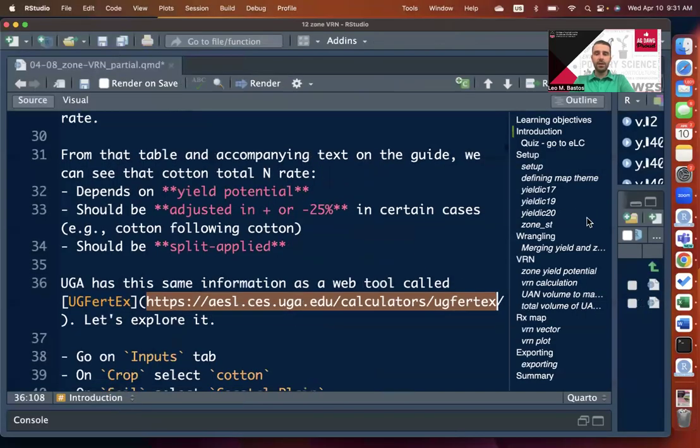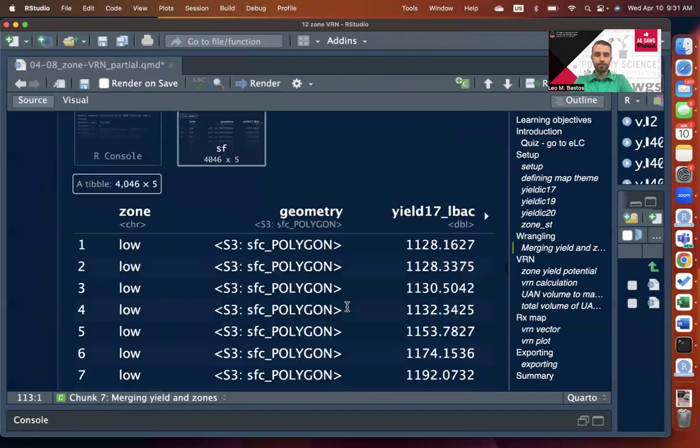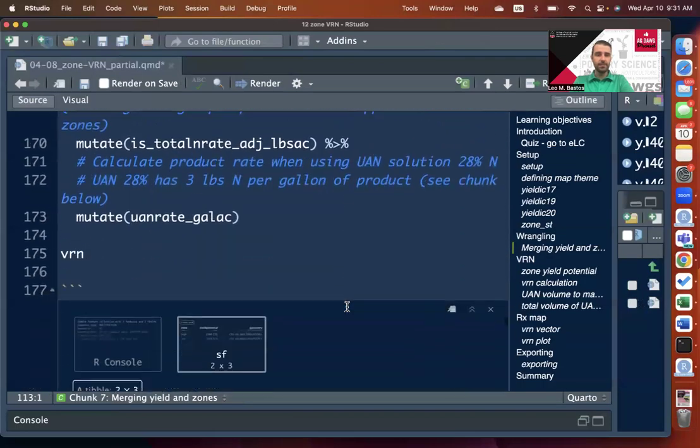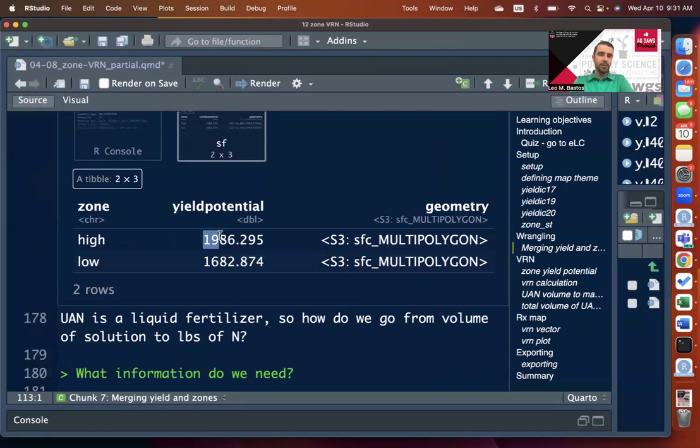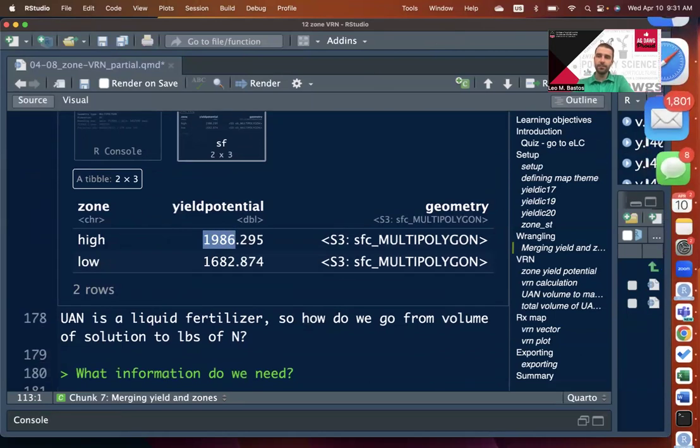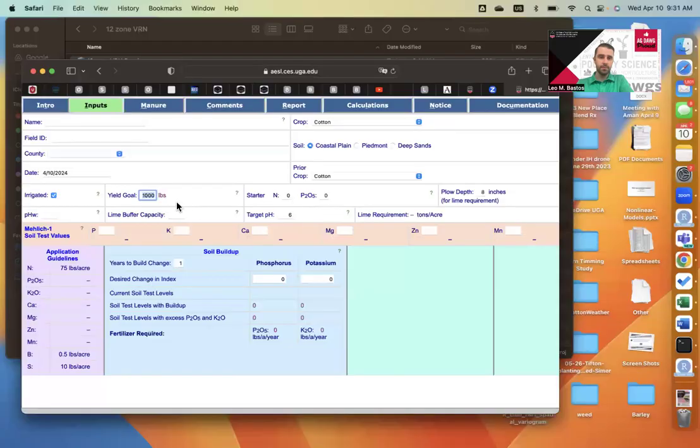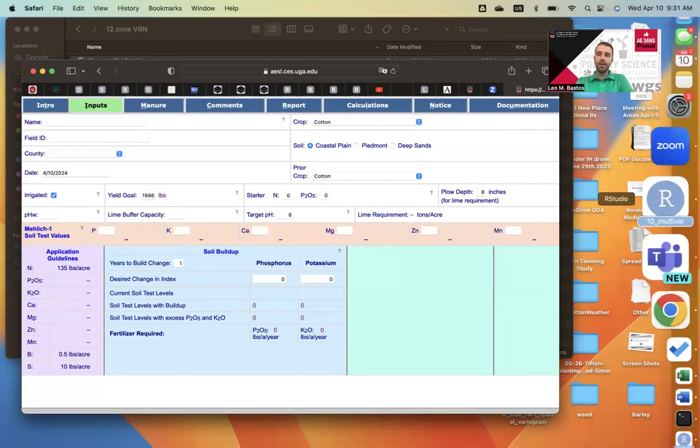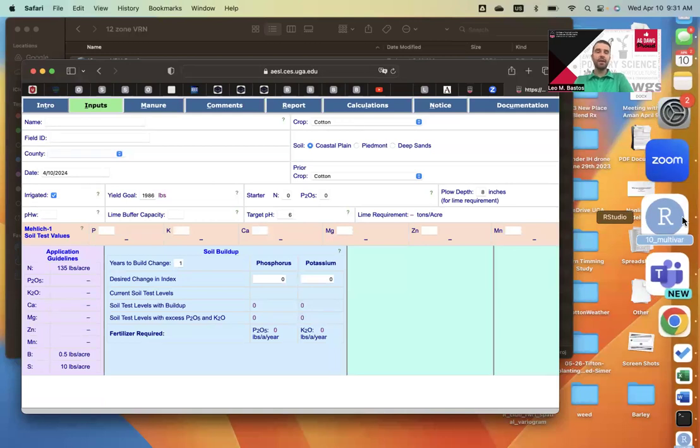But if I were to enter my values here, that would be 1986 for the high zone. So that would be my yield potential here, which is giving me 135 pounds of nitrogen per acre. I do want to ask you to take note of that value on your side on the script.